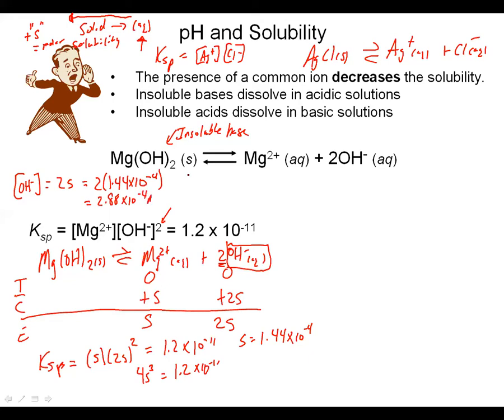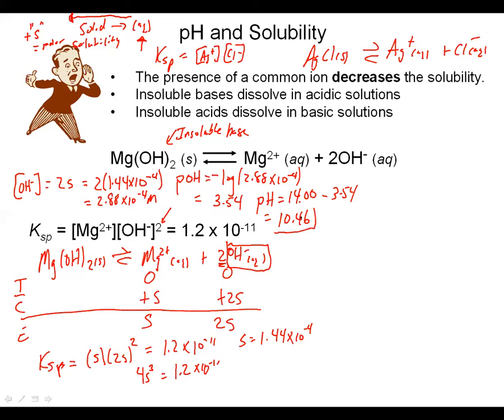Because that's hydroxide, it won't let us get the pH right away, but we can get the pOH, which if we put that in, gives us a pOH of 3.54. Thus, this will give us a pH if we take 14 minus that, and we will end up at 10.46.